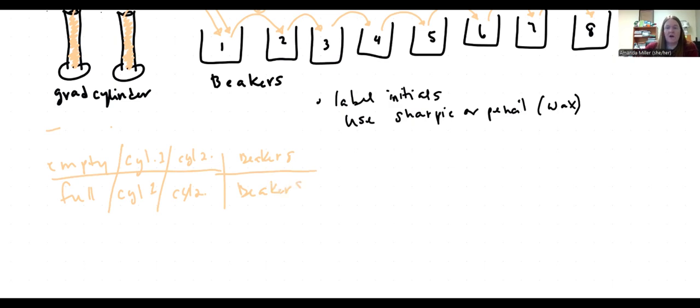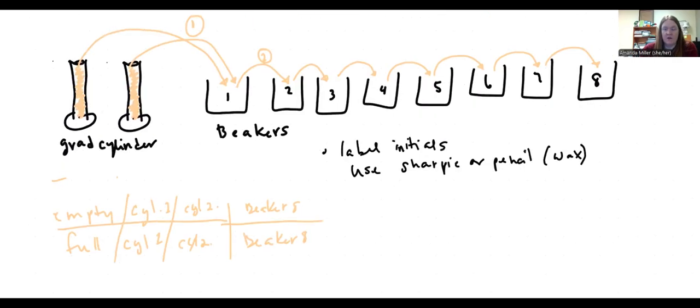So by full in the context of beaker 8, what I mean is after we get to the end here and we've transferred iron chloride through all the other beakers, we're going to need to know the mass of beaker 8 so we can weigh how much iron 3 chloride makes it all the way through the process. That is going to allow us to do some subtraction and figure out initially how much iron 3 chloride did we have total in both cylinders, and finally, how much do we end with? The difference between those is going to be the amount we lose.